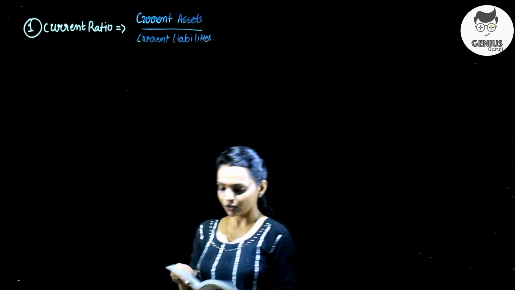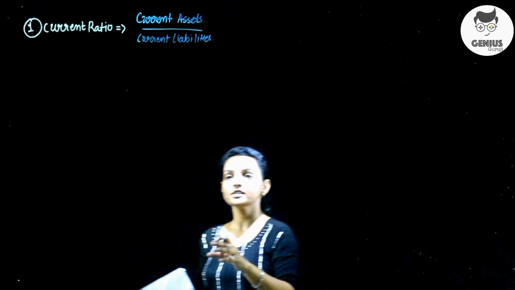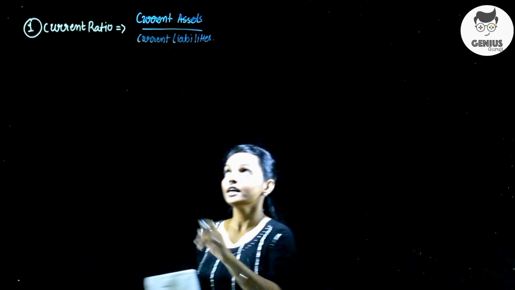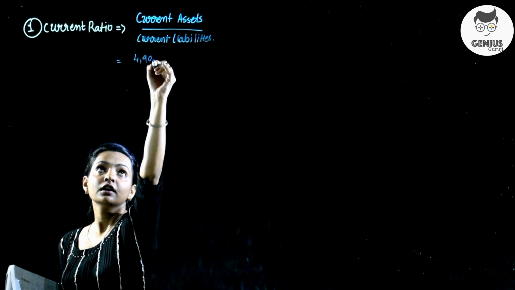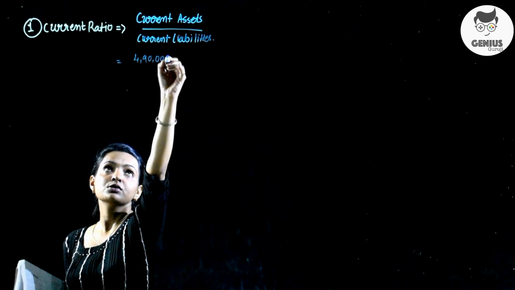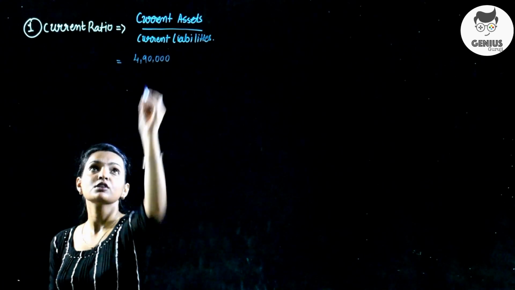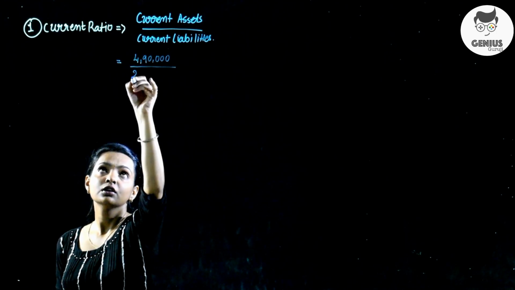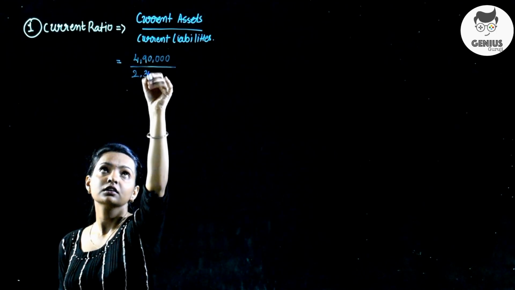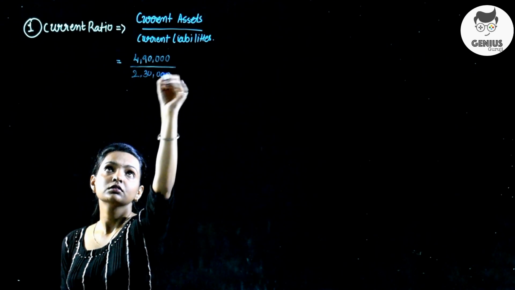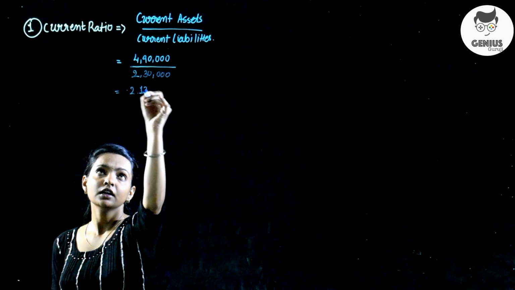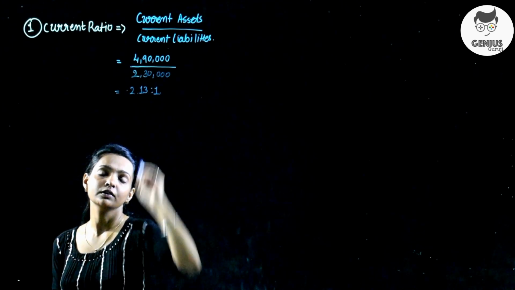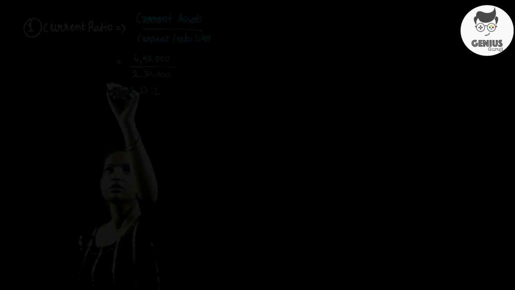Now see in working note what is the total of current assets and current liability. Your current asset is of rupees 4 lakh 90,000 and current liability is of rupees 2 lakh 30,000. So my answer will be 2.13 to 1. Okay.